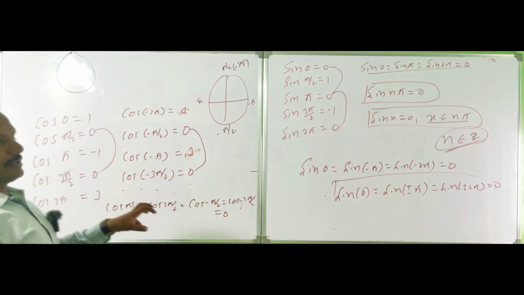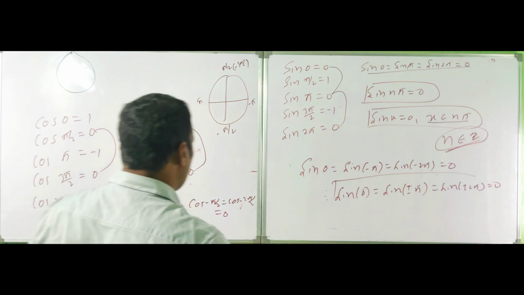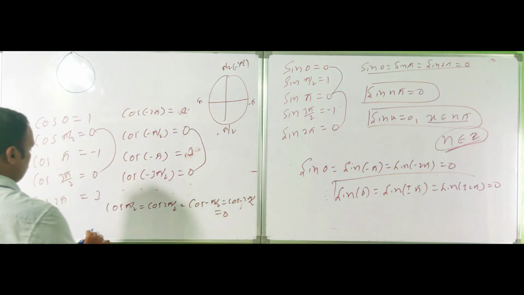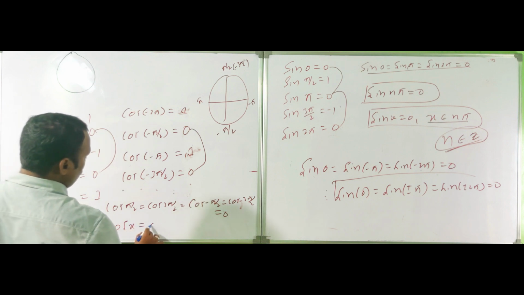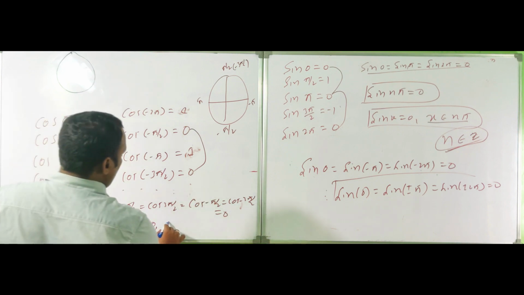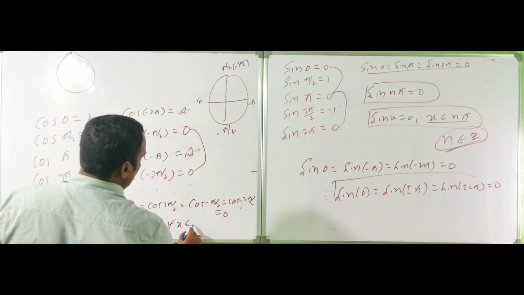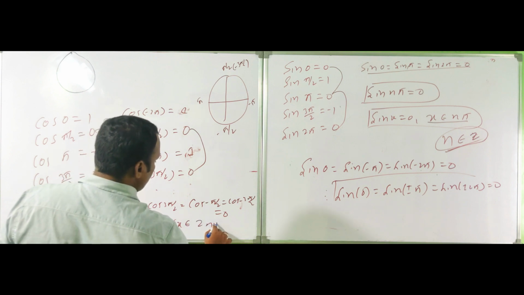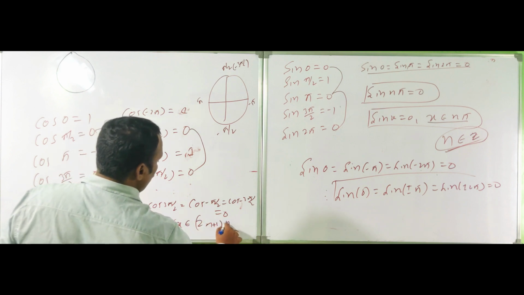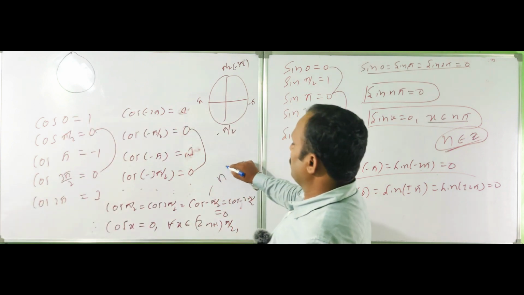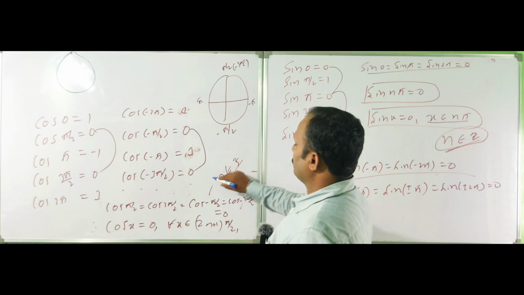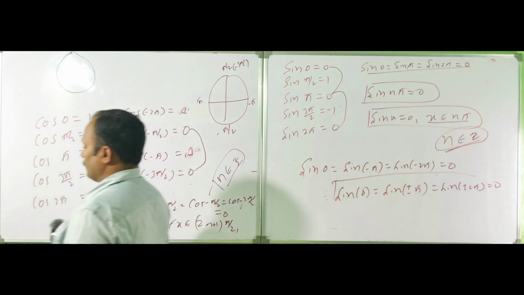Therefore, the odd multiple. So therefore cos of x is equal to 0 for all x belongs to 2n plus 1 into pi by 2, for n belongs to any integer value.